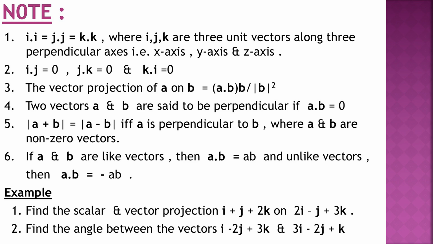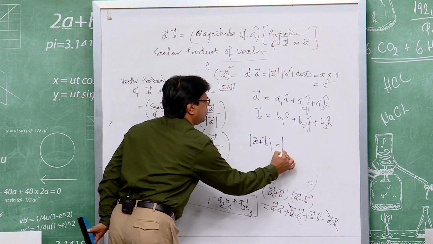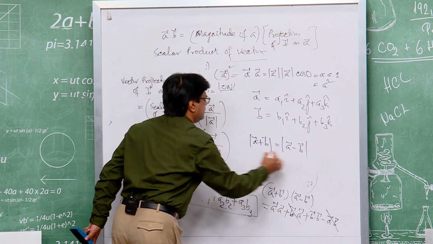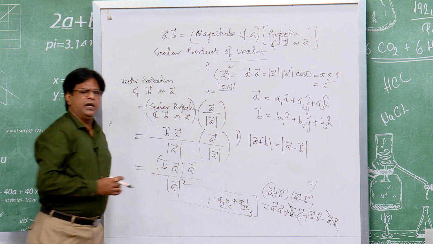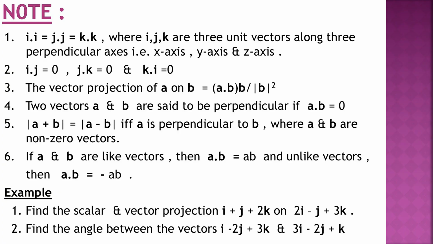Similarly, the magnitude of A plus B vector is equal to the magnitude of A minus B vector only when A vector is perpendicular to B vector, where A and B are non-zero vectors. Similarly, if A and B are like vectors, then A dot B is equal to AB, and if unlike vectors, then A dot B is equal to minus AB.